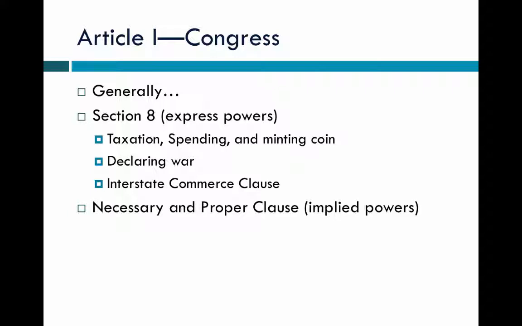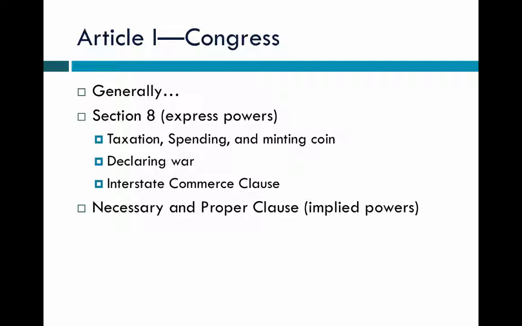So when we talk about the powers that Congress holds, they hold the power to tax, to spend, and to mint coin. Sometimes this is called the spending power or the power of the purse. They also hold the power to declare war.